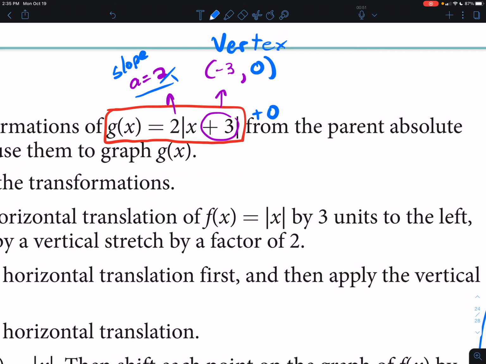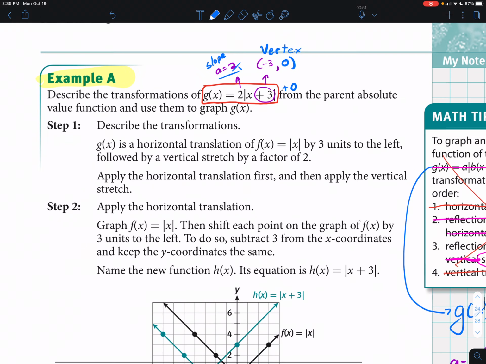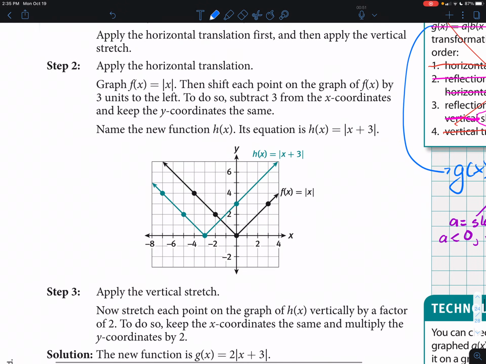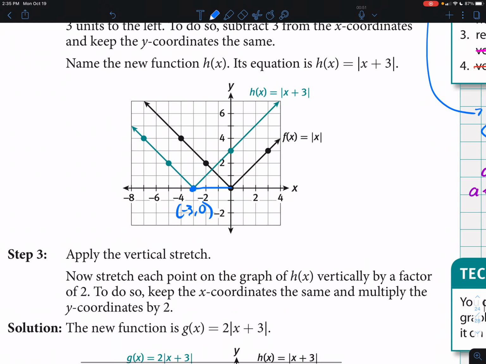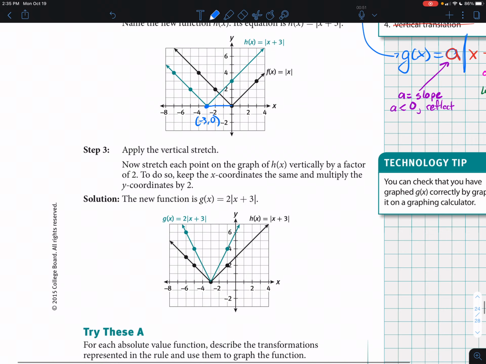The book does quite a bit here of explaining what to do. The first thing they do is they move the vertex over. Here's the vertex at negative 3, 0. But then we're ignoring the book's vertical stretch. We're calling it a shrink.